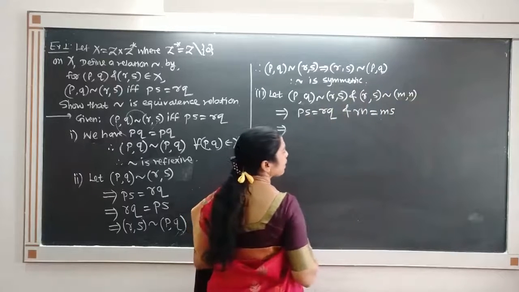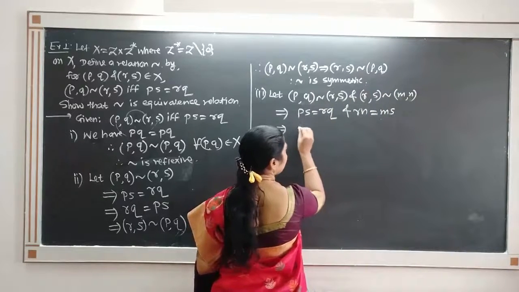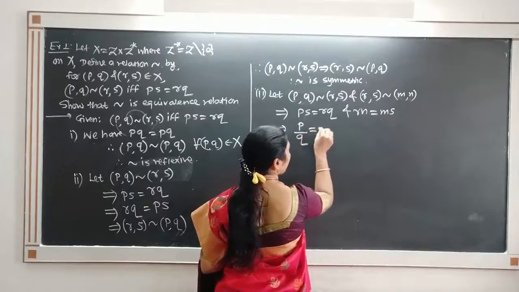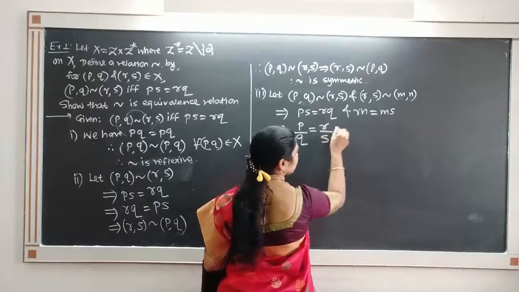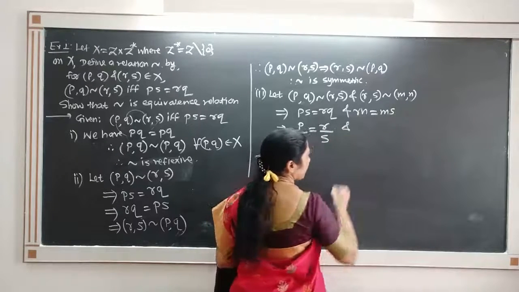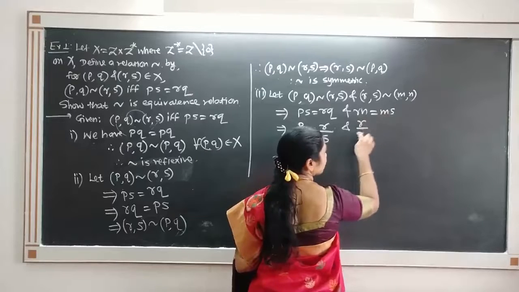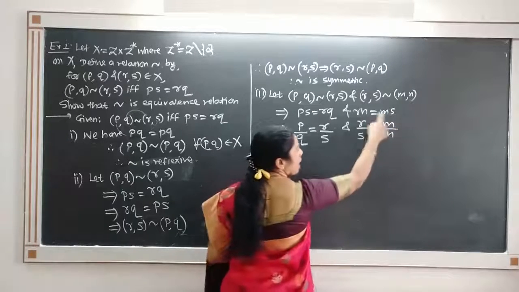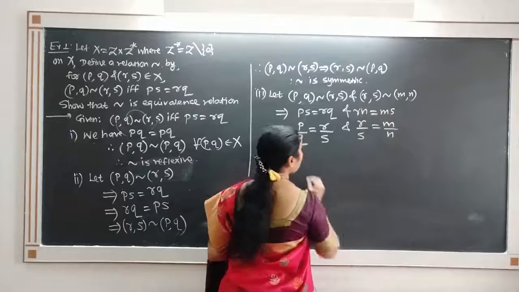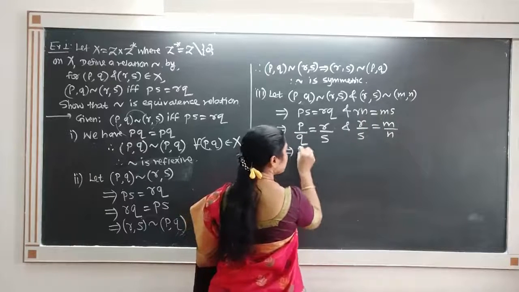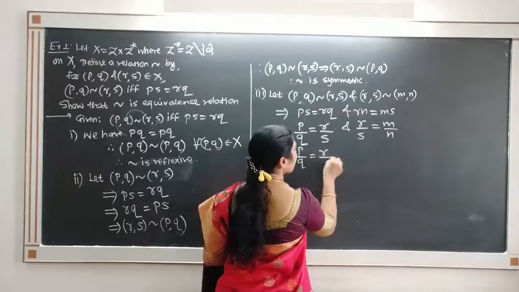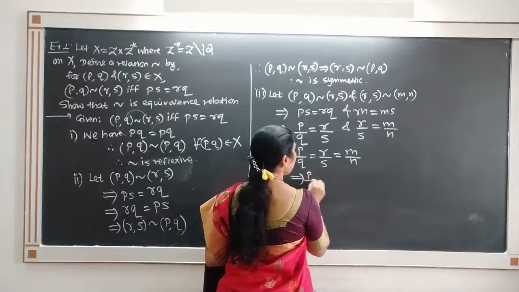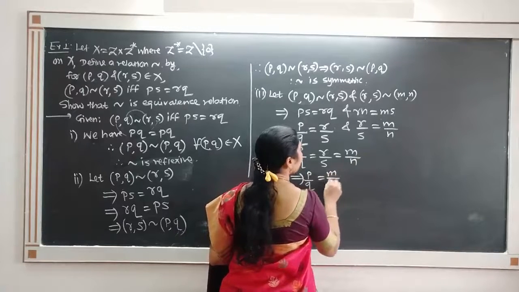So p by q is the same as r by s, and r by s is the same as m by n. So p by q is the same as r by s, which is the same as m by n. That is, p by q is the same as m by n.